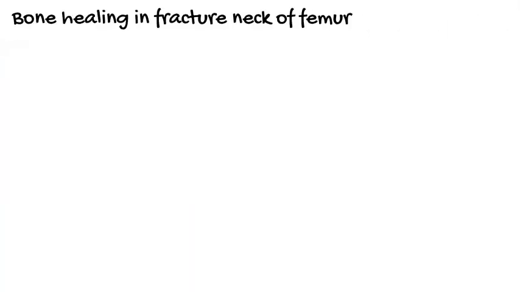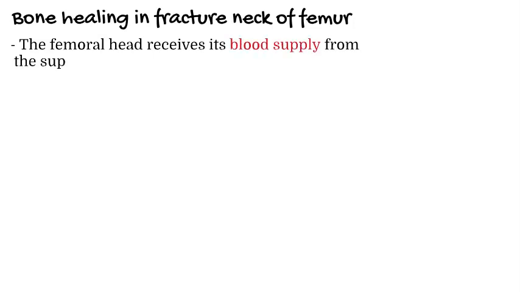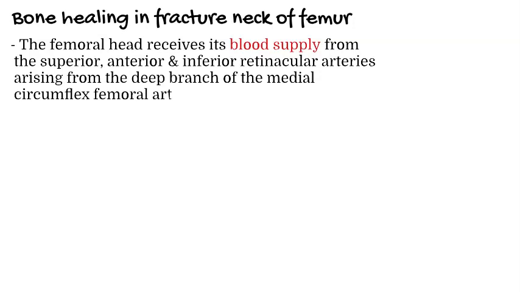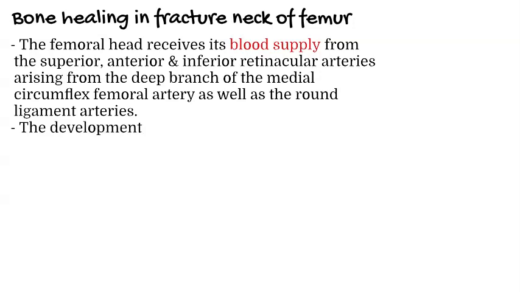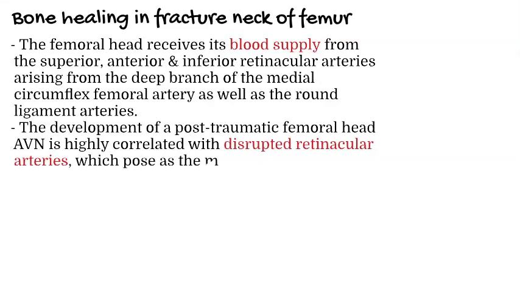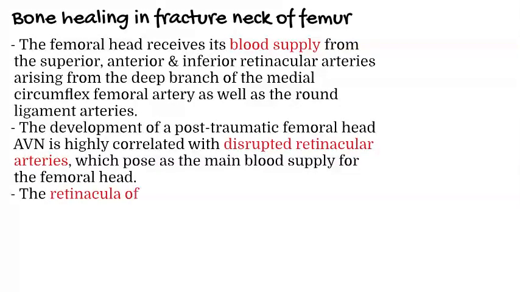The femoral head receives its blood supply from the superior, anterior, and inferior retinacular arteries arising from the deep branch of the medial circumflex femoral artery as well as the round ligament arteries. The development of a post-traumatic femoral head avascular necrosis is highly correlated with disrupted retinacular arteries, which pose as the main blood supply for the femoral head.